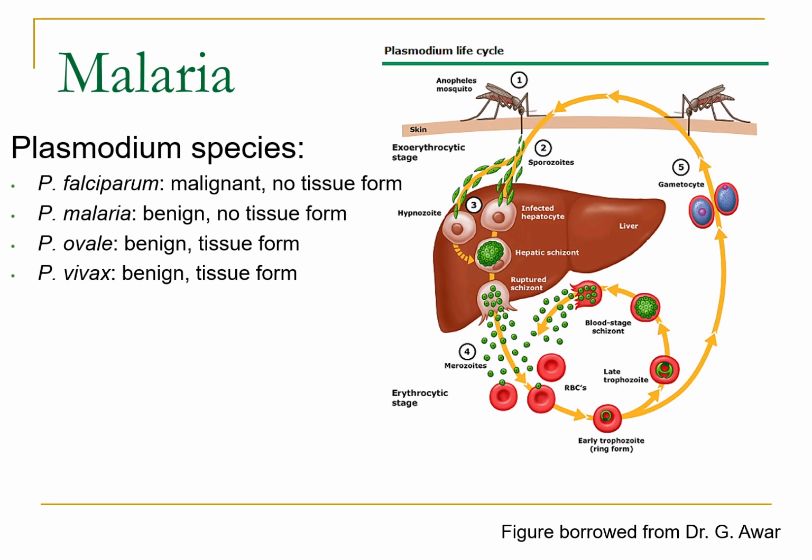This needs about 3 to 4 days, and this is why, I'm sure Dr. Awar explained to you, we have cycles of fever every 3 to 4 days, which is when the red blood cells rupture. Some of the trophozoites will actually continue into gametocyte forms, and this is when the mosquito carries those gametocytes again in order to have an infection.